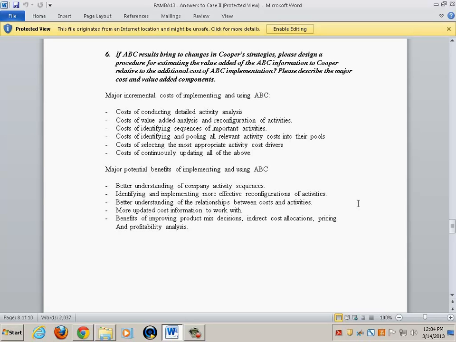So actually, what you have to do is to estimate all these costs, which are not easy to estimate before you undertake.